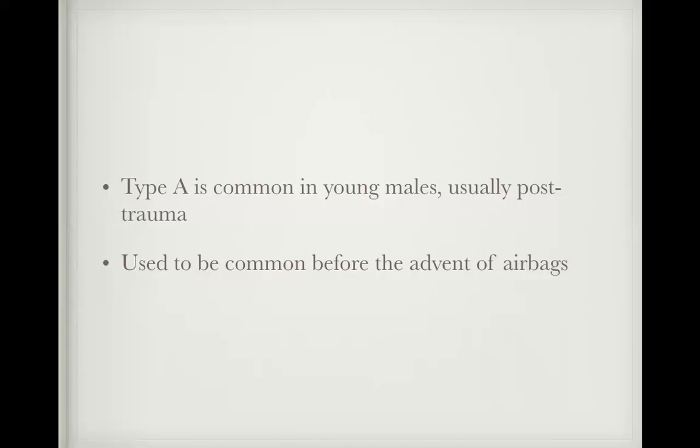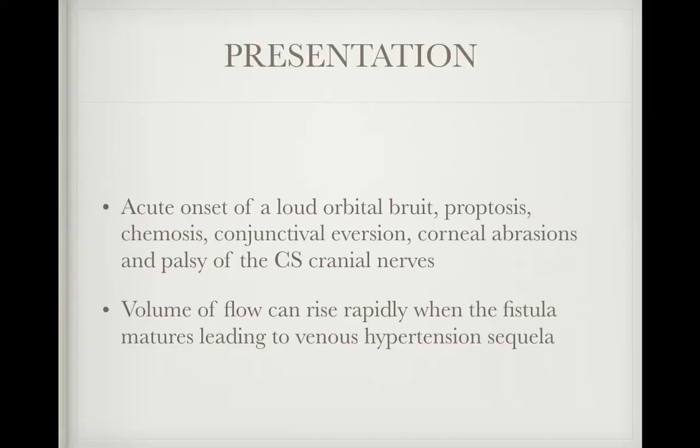I have given a typical example from the one that I have seen. So there's usually an acute onset of a loud orbital bruit with proptosis, chemosis, sometimes conjunctival eversion, corneal abrasions when the eye is really pushing out, and palsy of the cranial nerves associated with the cavernous sinus.